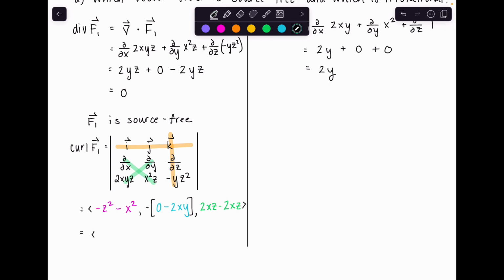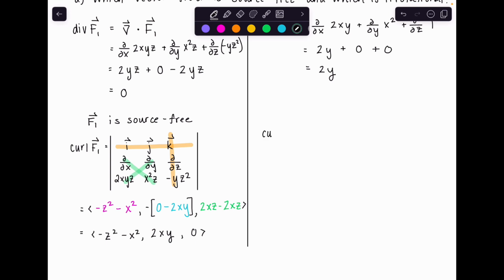So this ends up being negative z squared minus x squared. That turns into positive 2xy, and the third component is 0. So you see divergence is nothing. That is source free, but you do have a curl to this.